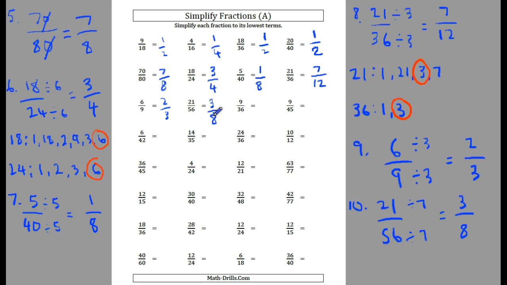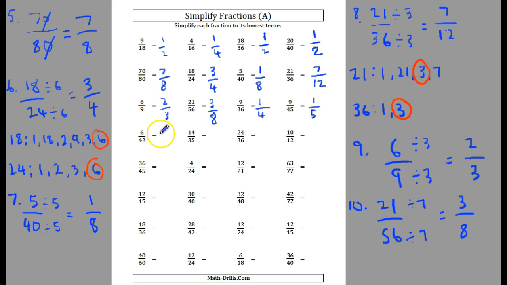All right, I'm going to just do the rest of them on the sheet. Okay, so the highest common factor of 9 and 36 is 3. No, sorry, it's 9, isn't it? So it's 1 over 4. This one here, highest common factor is 9, so we have 1 over 5, because 45 divided by 9 is 5.